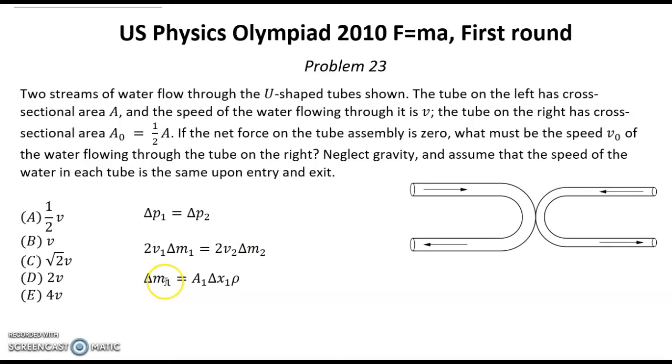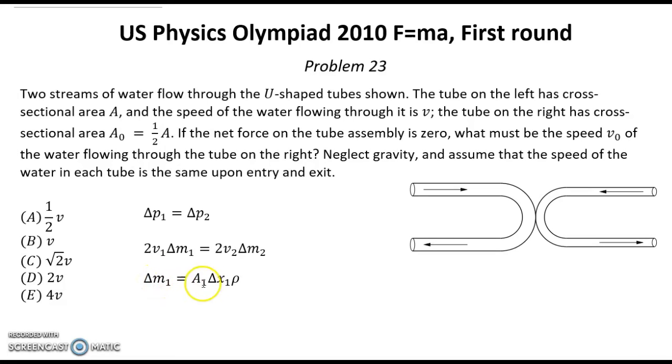Now let's represent what delta m1 and delta m2 are. We have delta m1 equal to the cross-sectional area of the left pipe multiplied by dx1, which is the distance through which mass dm1 flows in this pipe, and multiplied by rho, which is the density of water. Here we have A1 multiplied by delta x1, that's delta volume, and this is the expression for this small amount of mass of water.